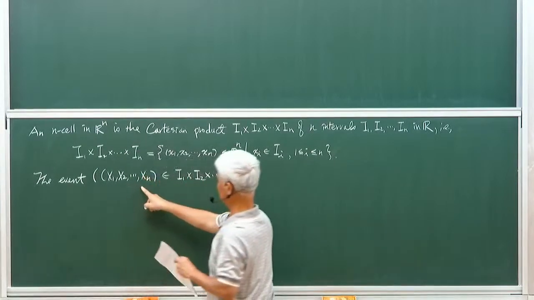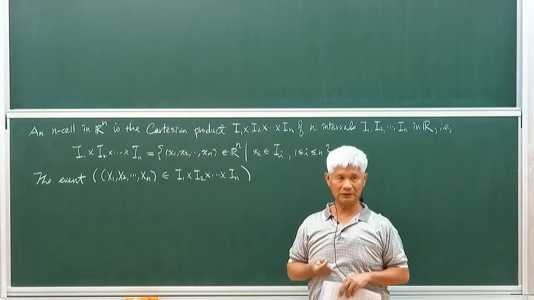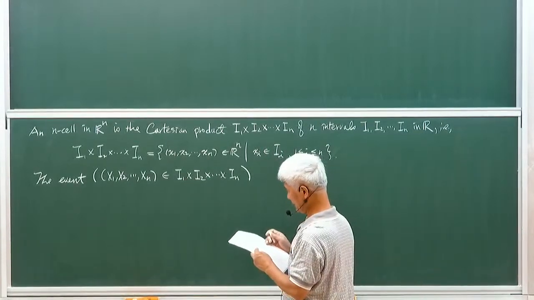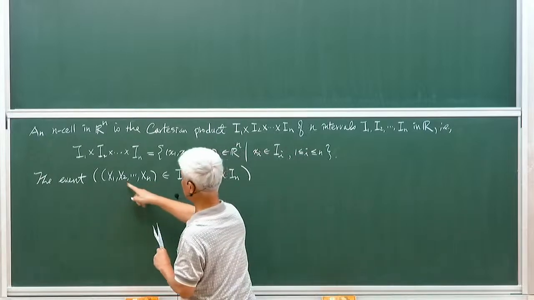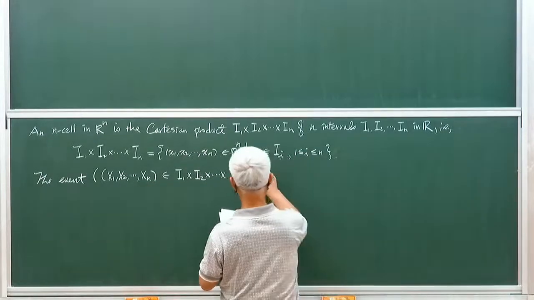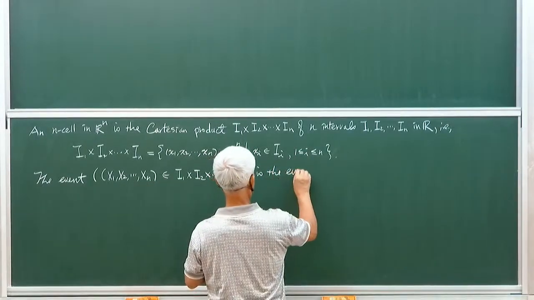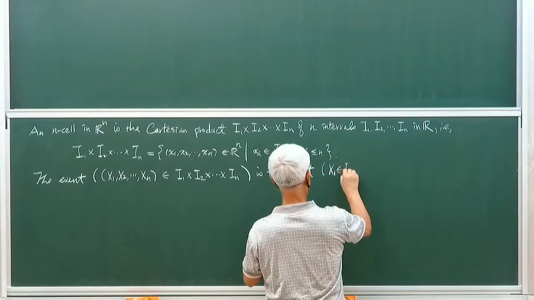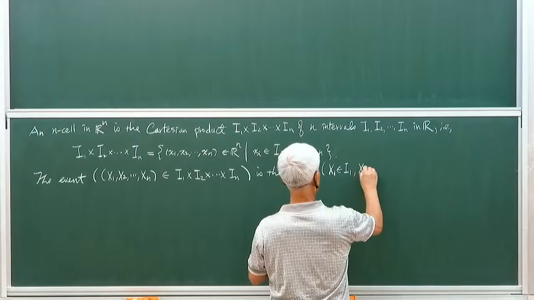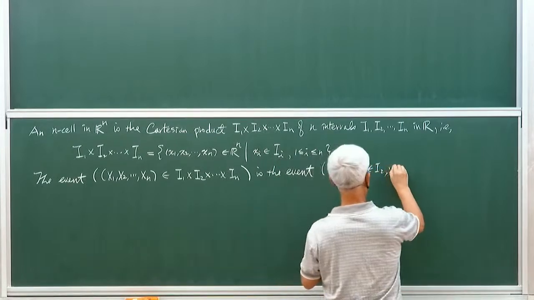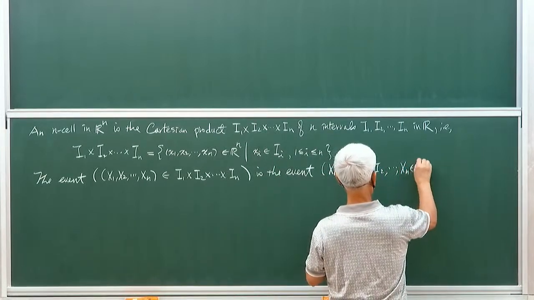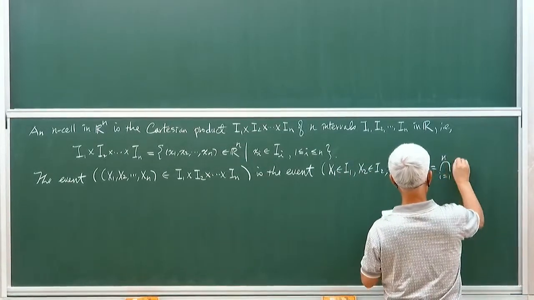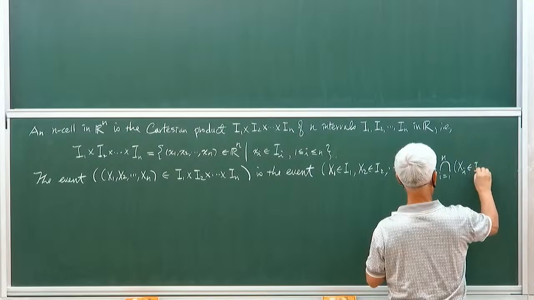So the random vector has value in the n cell, and this is actually an event. It's the event that X1 has value in I1, X2 has value in I2, up to Xn has value in In. So this is the intersection of the events Xi in Ii.